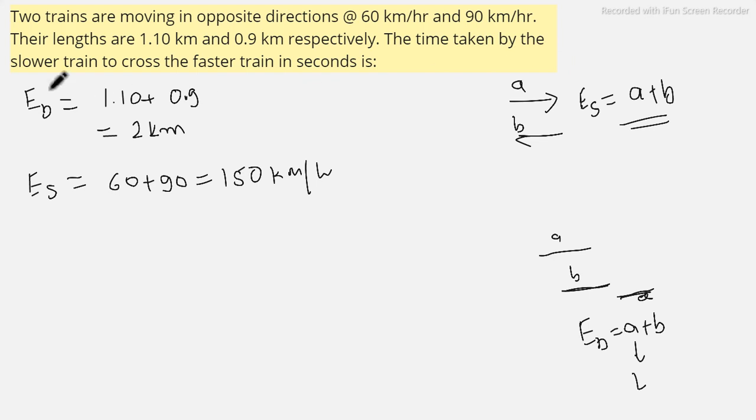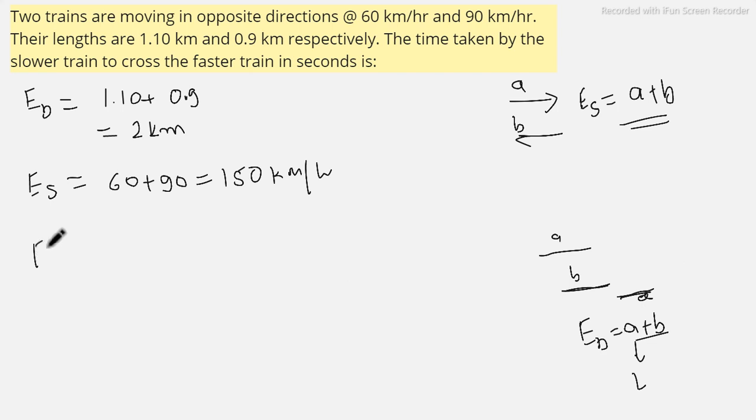The time taken by the slower train to cross the faster train. Here you don't have to get confused about the slower train or the faster train, because no matter if train A crosses B or B crosses A, it has to cover A plus B distance. So it will remain the same.